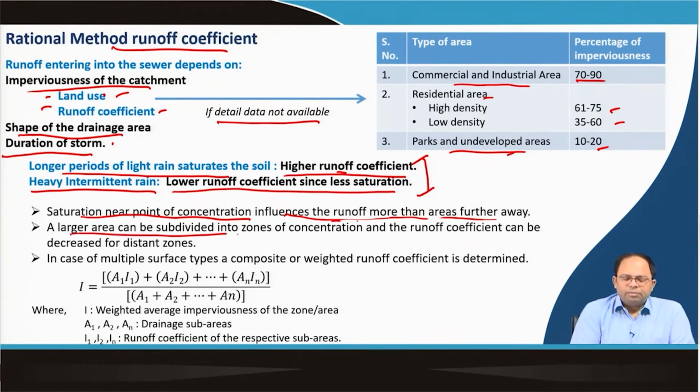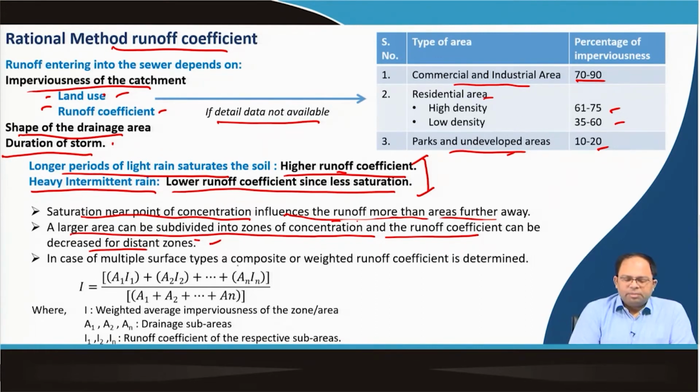A larger area can be subdivided into zones of concentration, and the runoff coefficient can be decreased for distant zones. This is one strategy people follow, but it is not that important for urban catchments. The catchments are pretty small, we may not be able to do this kind of estimate, and there is no requirement as such.